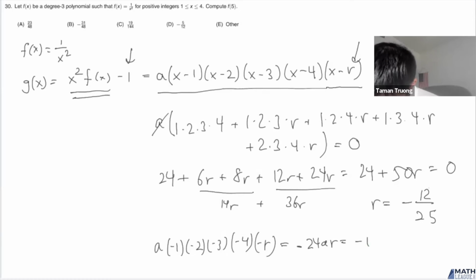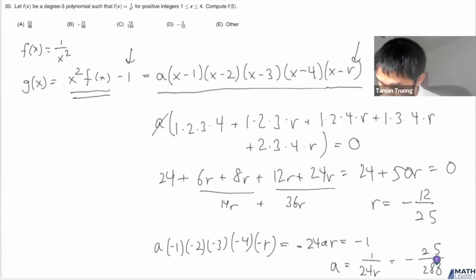And so a is negative 1 over 24r. And that r is negative 12 over 25, so that is 25 over 24 times 12. And that is negative 25 over 288.